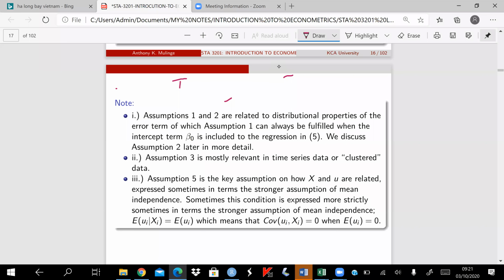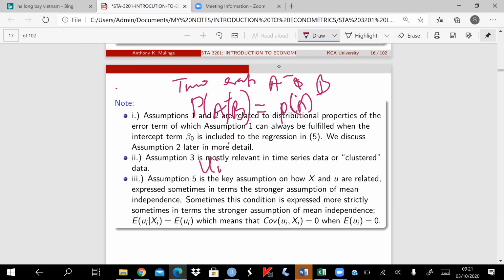You say that two events, A and B, are said to be independent if the probability of A given that B has occurred is equal to the probability of A. So if U and X are independent, then the value of ui given X is just ui.